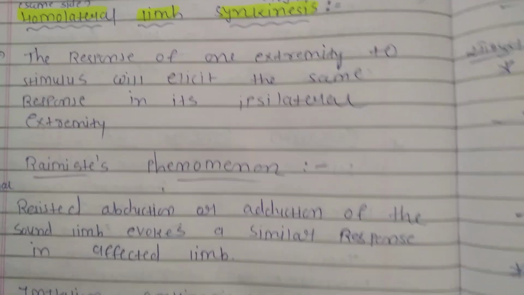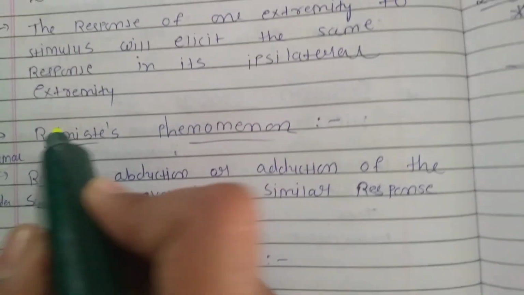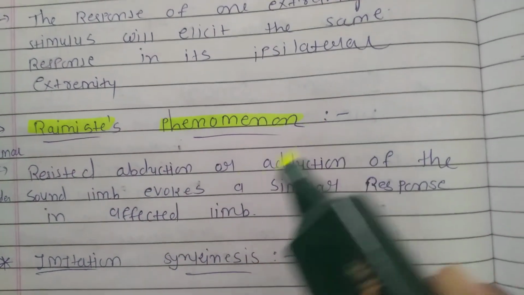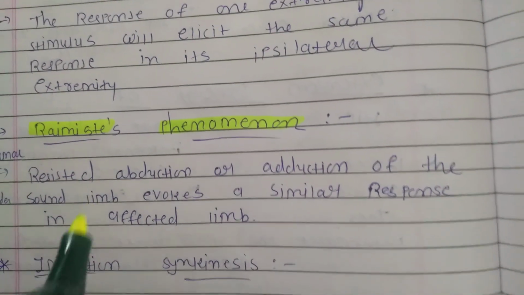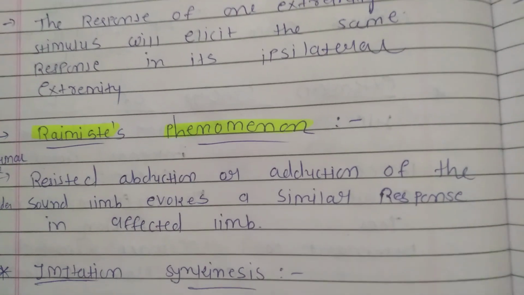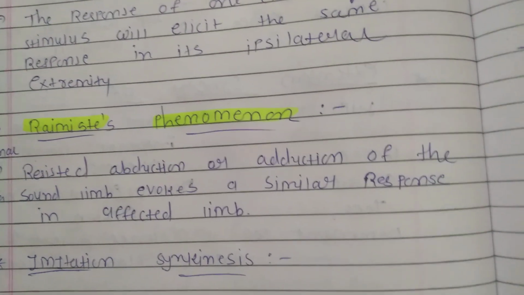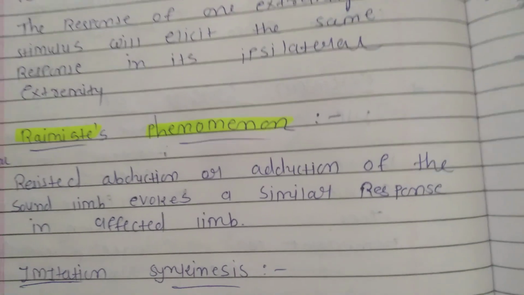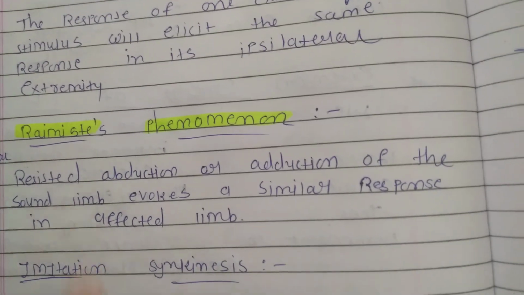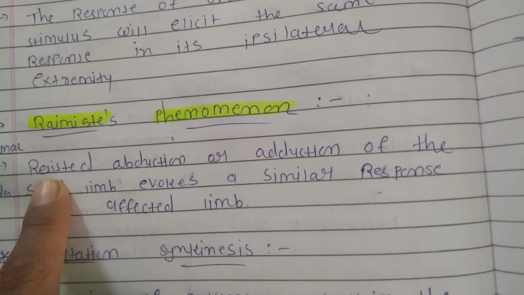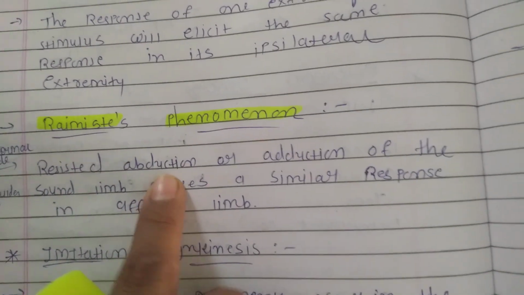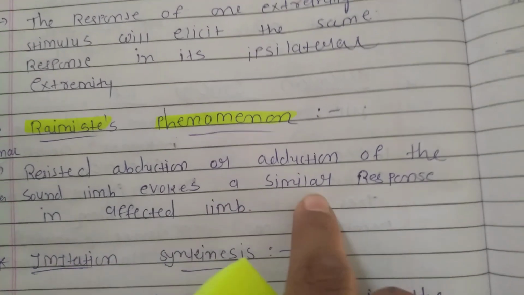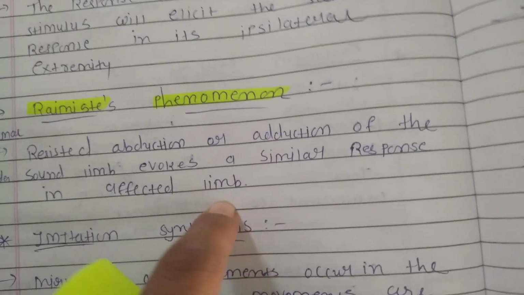The next one is Raimiste's phenomenon. In simple words, resisted abduction or adduction of the sound limb evokes a similar response in the affected limb.